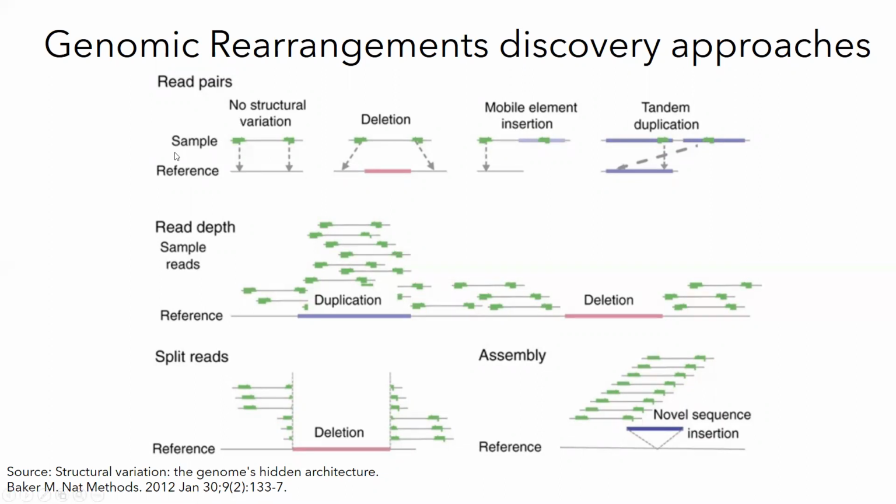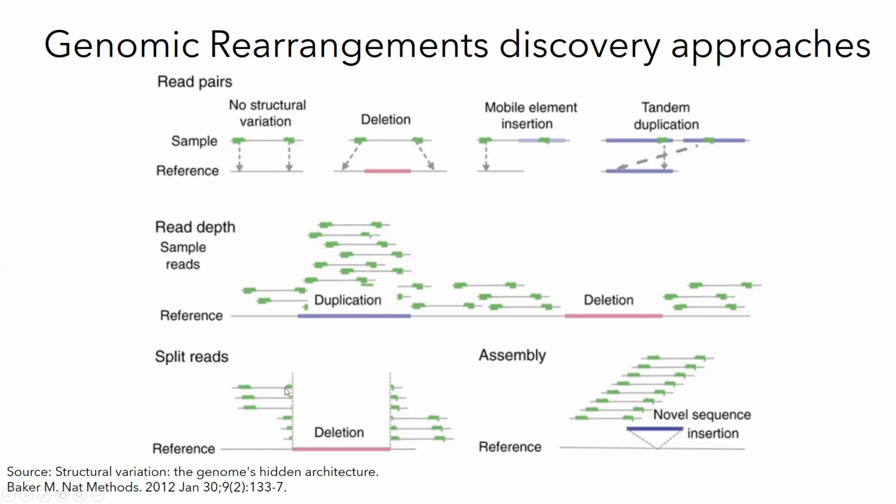So maybe I didn't explain it very well. This is the sample, and this is the reference genome. In every picture here, we have the sample and the reference genome, and we can use the split read method.